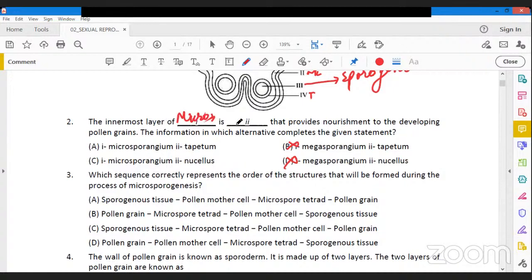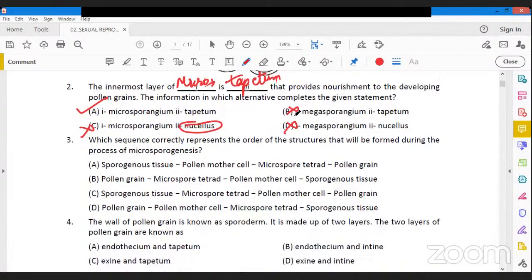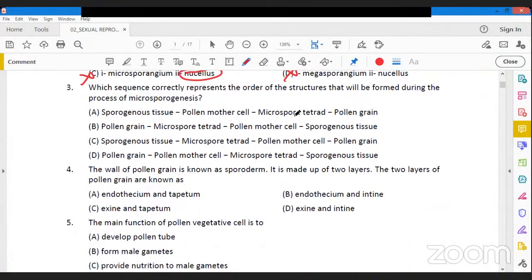What is it? It is tapetum. Nucellus is the innermost layer of the megasporangium, so C is wrong. A is the correct answer: tapetum, which provides nourishment to the developing pollen grains. Now going to the next question.